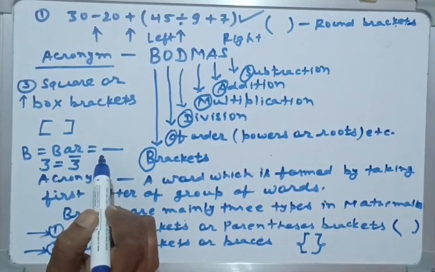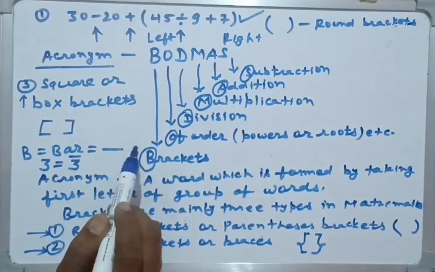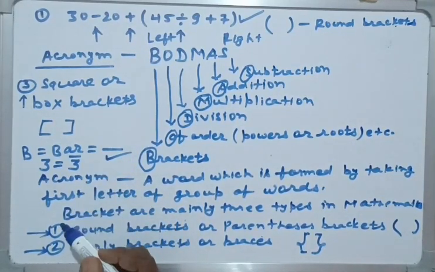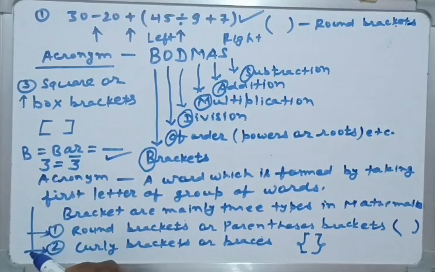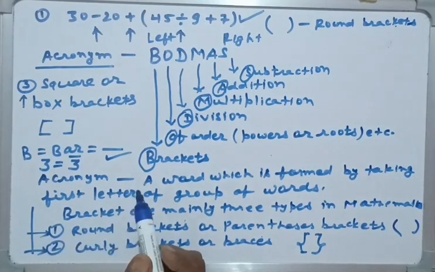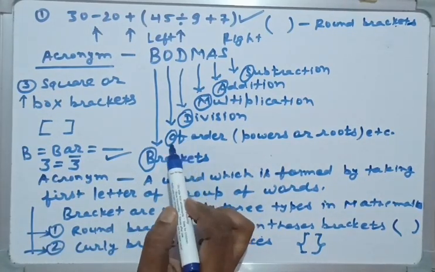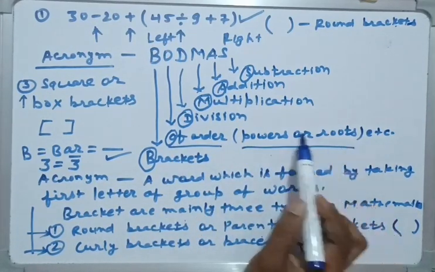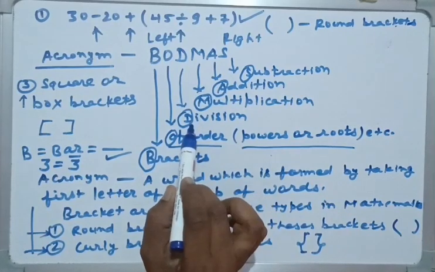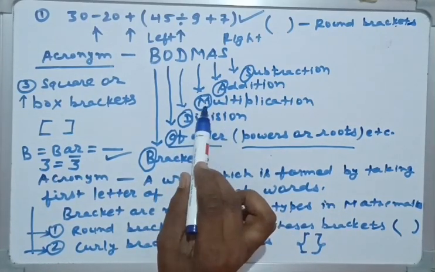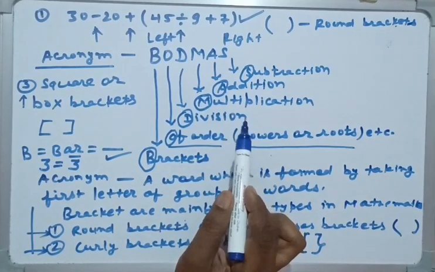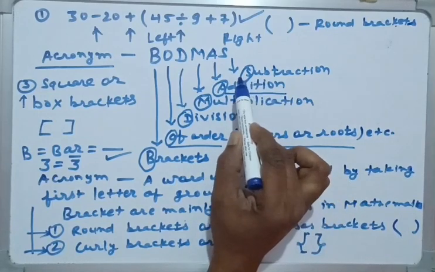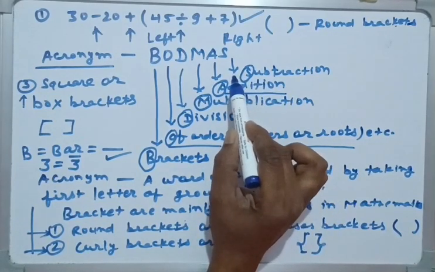So first of all, in any mathematical expression we solve the bar first, then the bracket second, then third we go for order, which may be powers or roots, and then we solve the division, then the multiplication, then the addition, and then the subtraction.